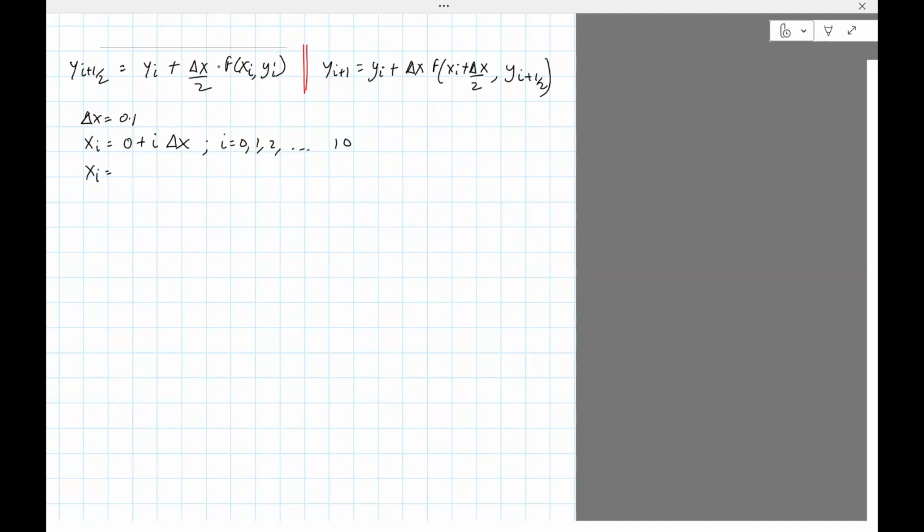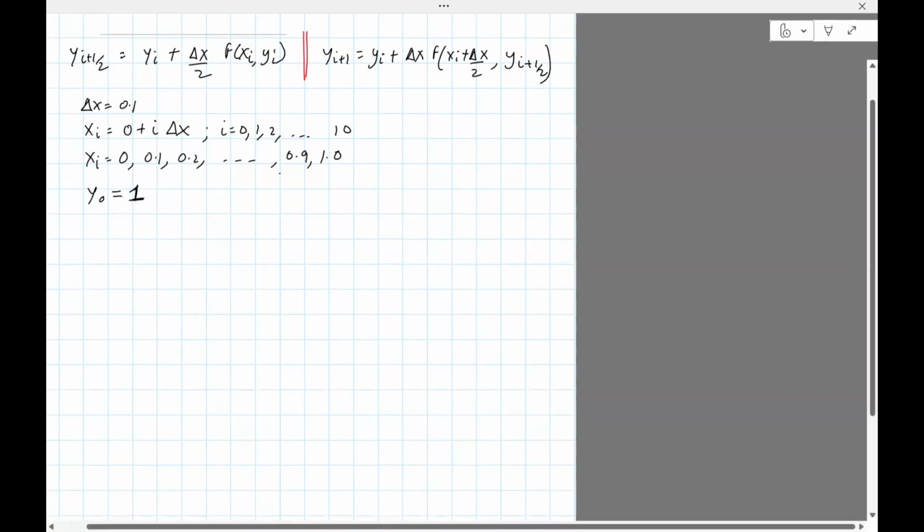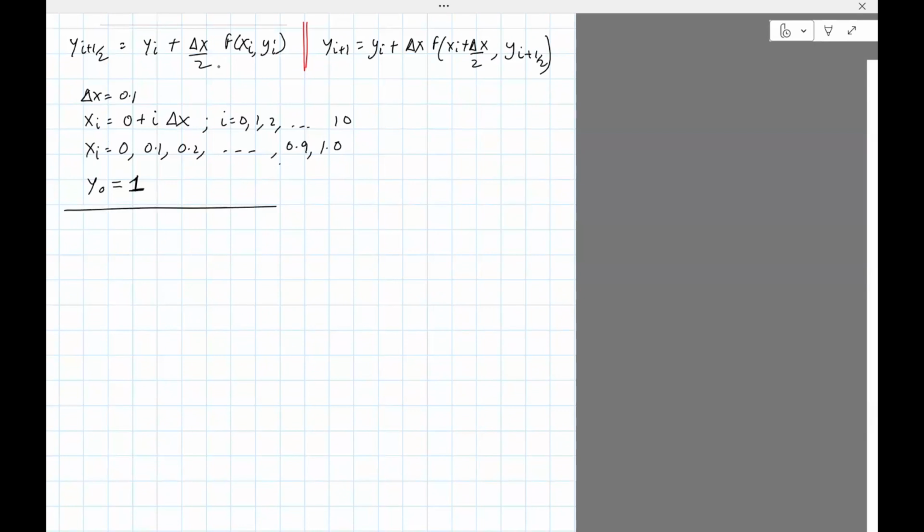So xi will be something like 0, 0.1, 0.2, so on till 0.9 and 1.0. Okay, what else are we given? We're given y0. y0 is 1, the initial condition.